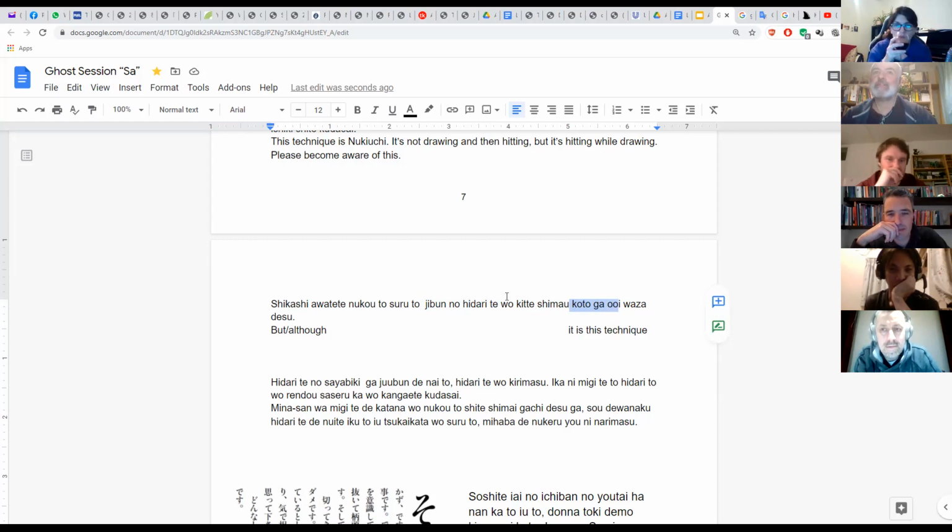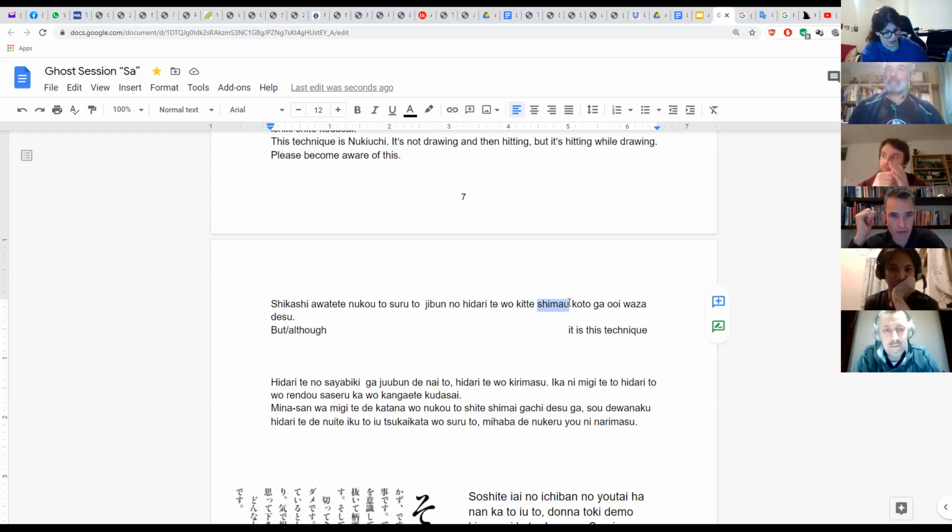So putting koto after a verb substantiates the verb. It turns the verb basically into a noun. So not this phrase, to cut your arm. If you put koto after it, it means the cutting of your arm. So it's turned it into a noun. The cutting of your arm.